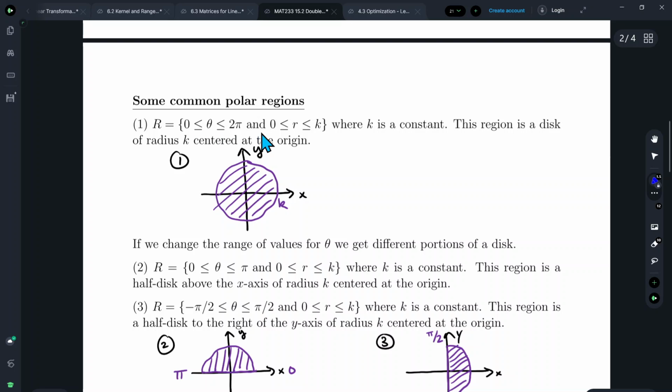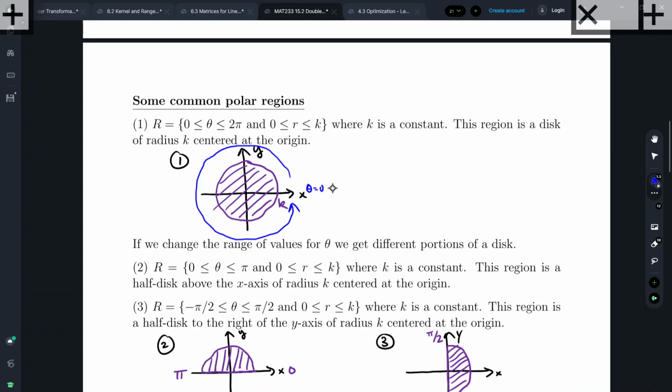And so this is typically how we set up the limits of integration. Theta goes between 0 and 2 pi. Theta equals 0 is the positive x-axis, and then we go around completely, one entire turn around the circle, so that goes to theta equals 2 pi.